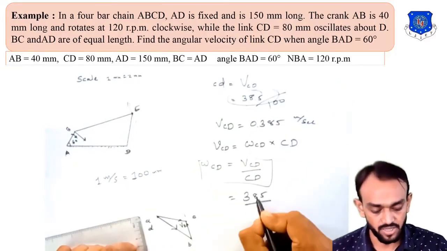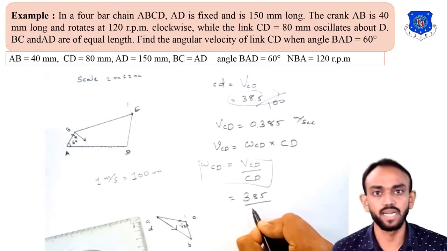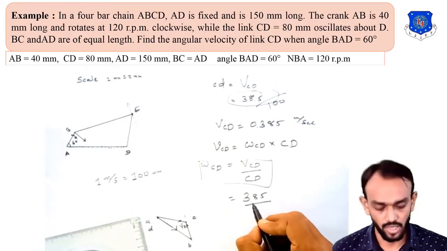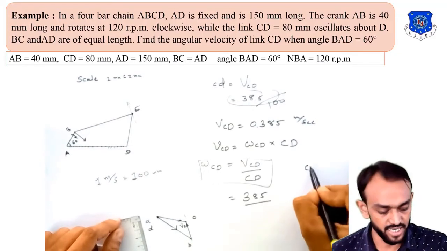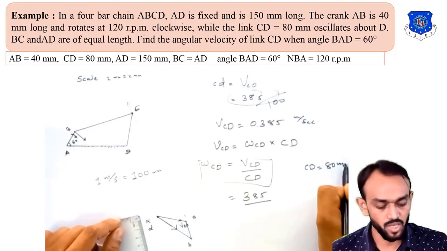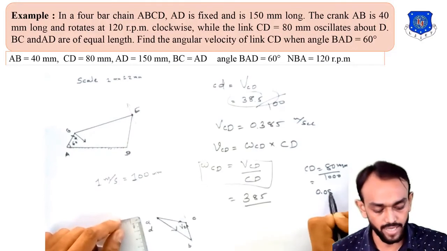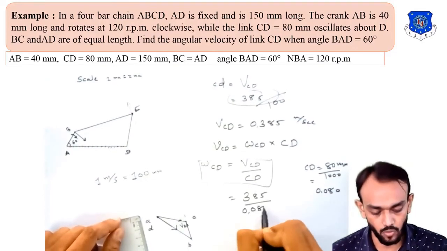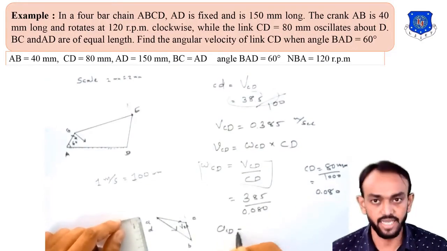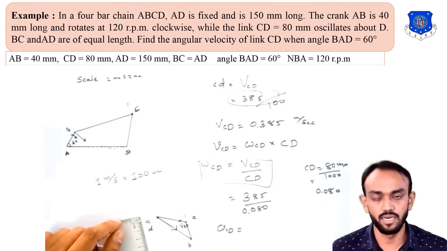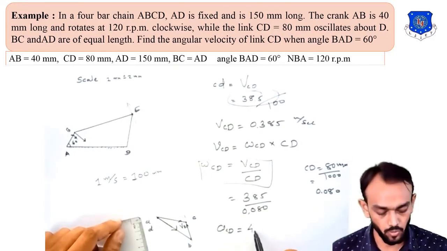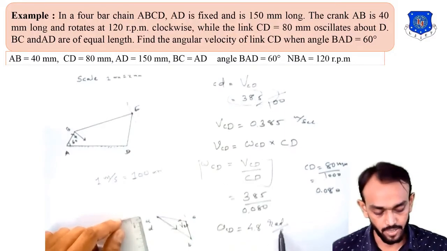Then divide by the length of that link. The length CD is 80 mm, divided by 1000 you get 0.080 meter. So omega CD is equal to 4.8 radian per second.